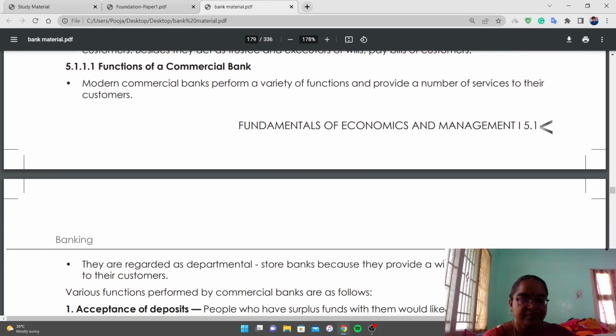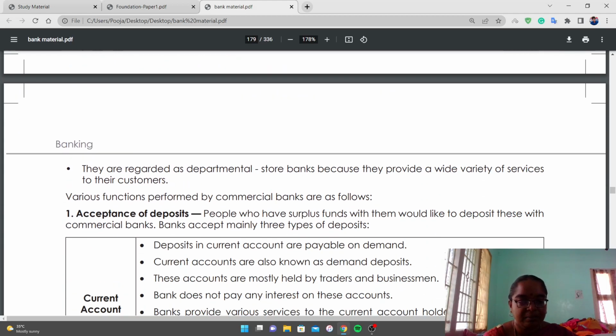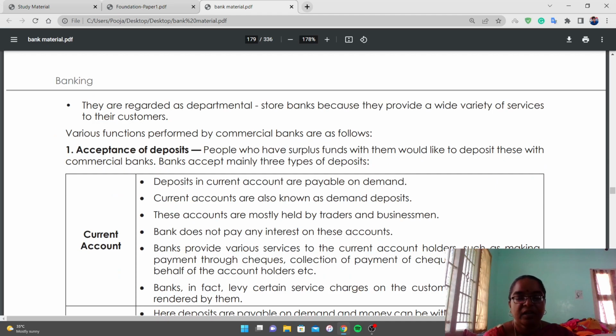The commercial bank functions are: first one is acceptance of deposits. We know that the banks mobilize deposits from the customers in the form of savings bank account, current deposit account, fixed deposit account or recurring deposit account. For current account, the bank does not pay any interest because it is opened by business people.